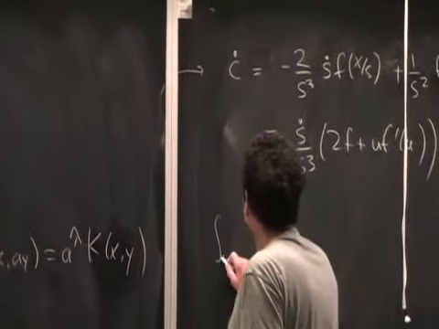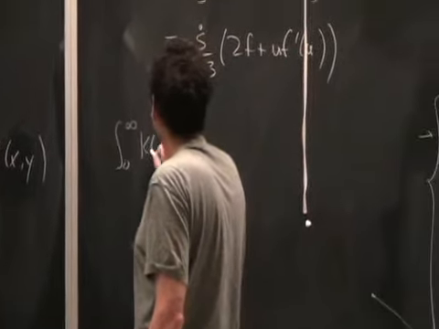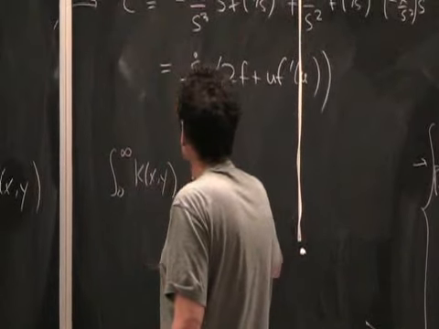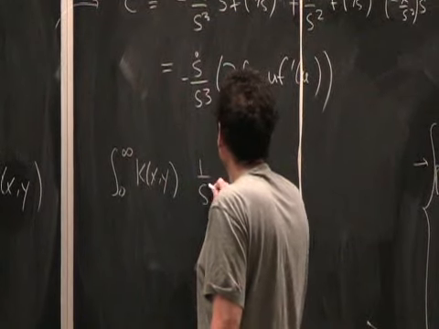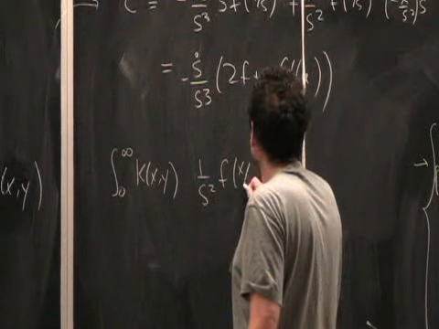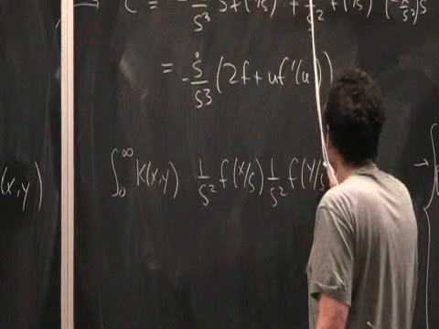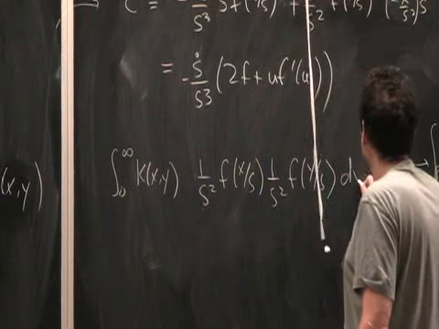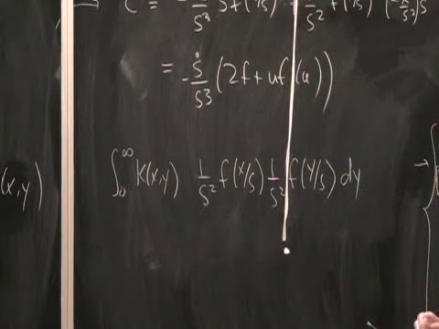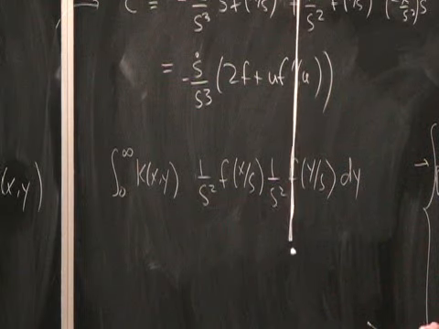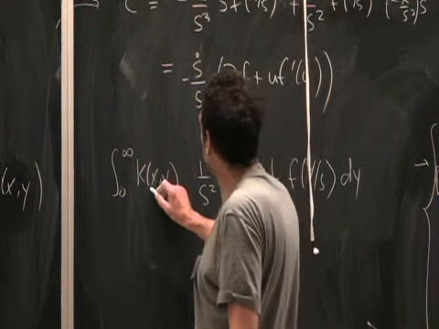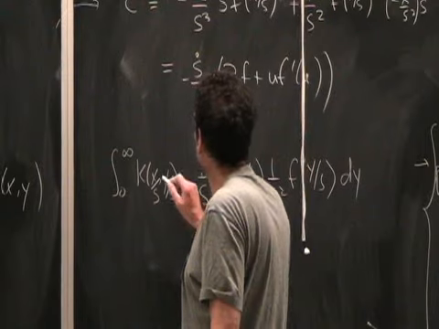So we're going to have integral from 0 to infinity, K of x, y, so c of x, so it's 1 over s squared, f of x over s, 1 over s squared, f of y over s, dy. So it's clear why I want to rewrite this in terms of scaled variables. So to do that, let me put here x over s, y over s.